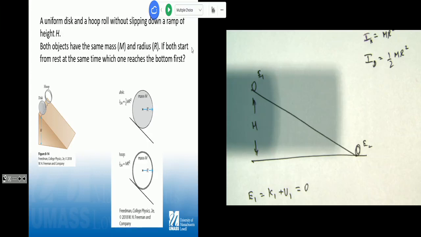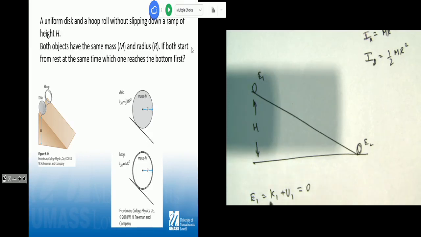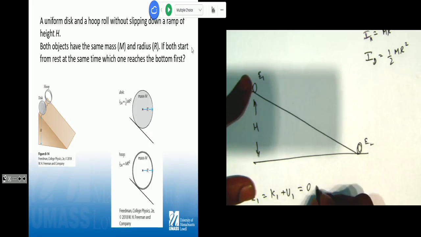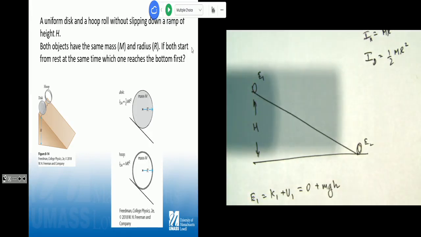In that case, you have to add the kinetic energy it already has. Find the total energy at one position and equate it to the total energy at a different position. Okay? So the total energy here is 0 plus U1, which is the gravitational potential energy, which is just mgh. Everyone with me so far? And that's true for the hoop and the disk, both of which have the same mass center.